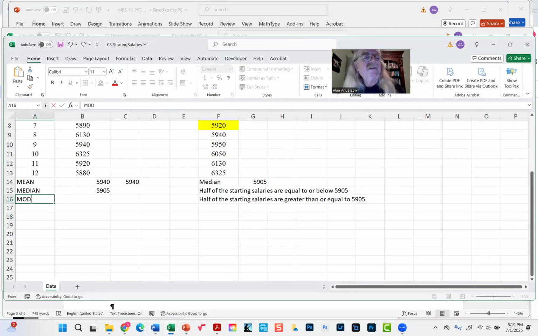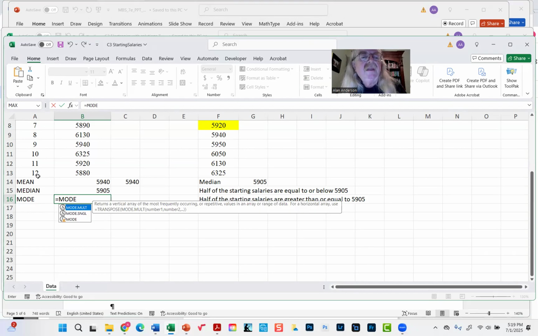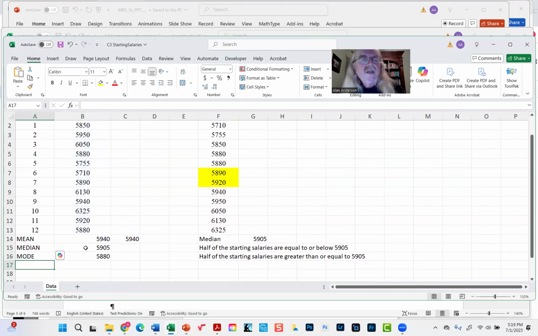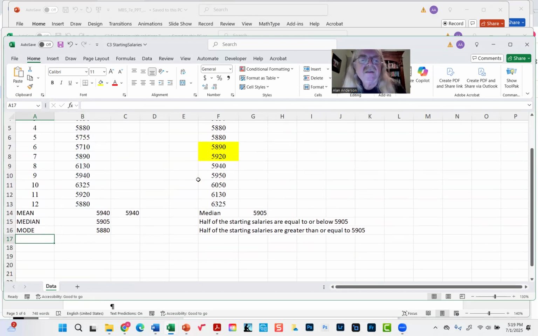And so Excel has a mode function, but now here's the bizarre part. If you think there might be multiple modes, you need to use the command MODE.MULT, because otherwise it'll only show you one of them. Well, it worked out just fine because the mode is 5880.